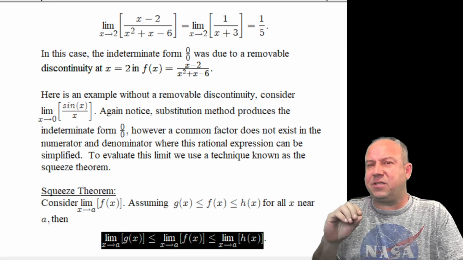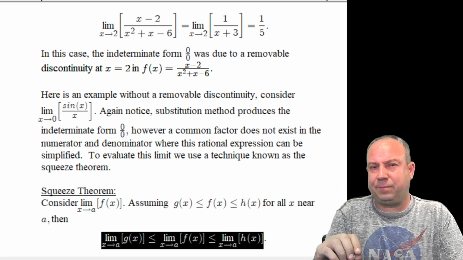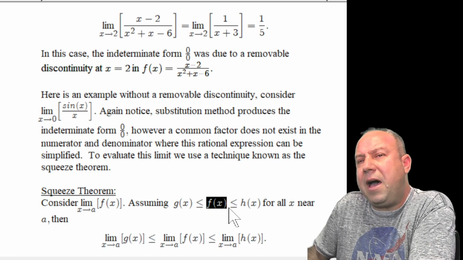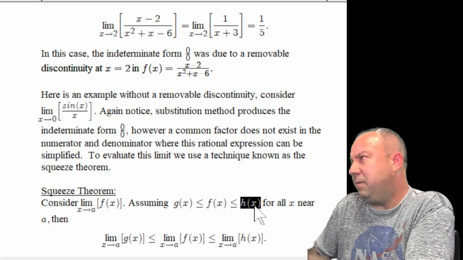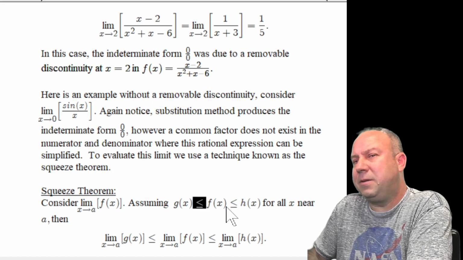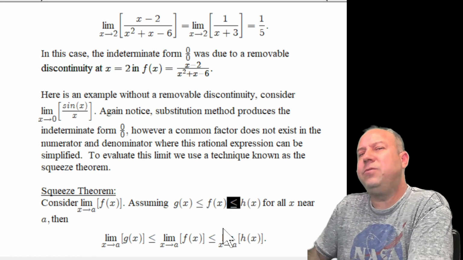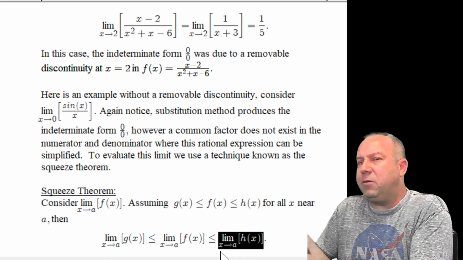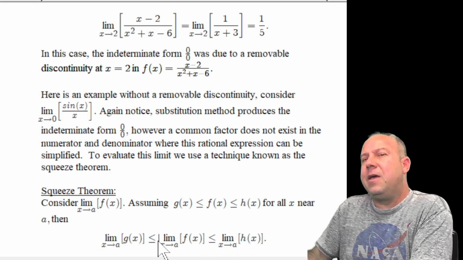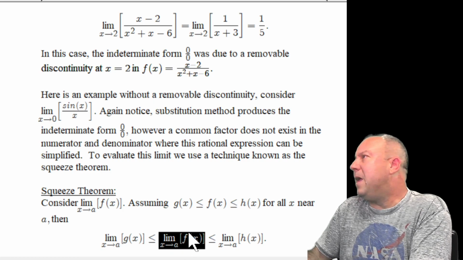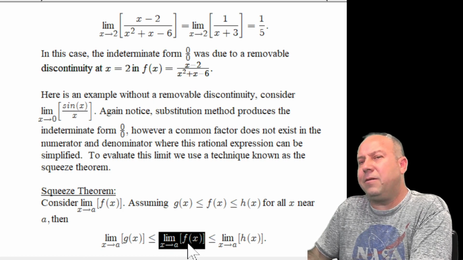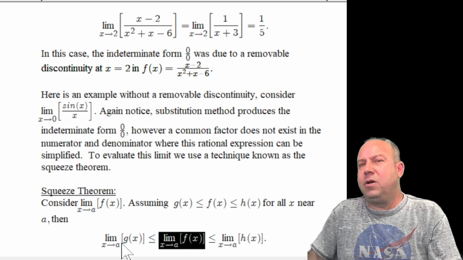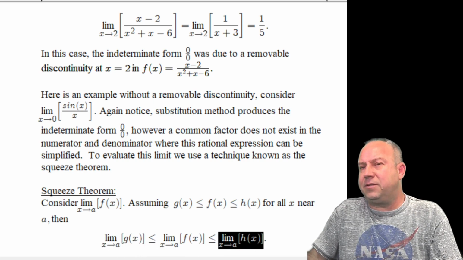And what this gives us is what's referred to as the squeeze theorem. The idea being that even though f is not g or h per se, it certainly is stuck between those values, that if I was able to show that these two outer limits were equal to each other, then I would be able to conclude that this inner limit here, the one with respect to f, would be equal to the result of these outer two limits.